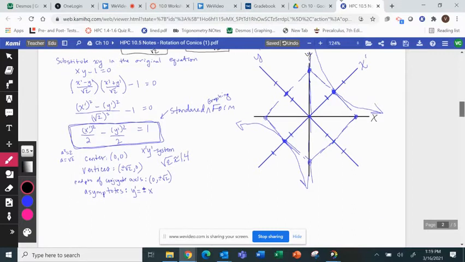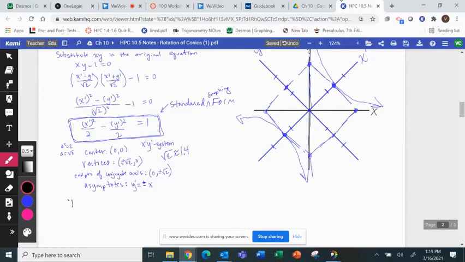So one more thing I want to talk about is in the XY system: what are the vertices, and what are the asymptotes?